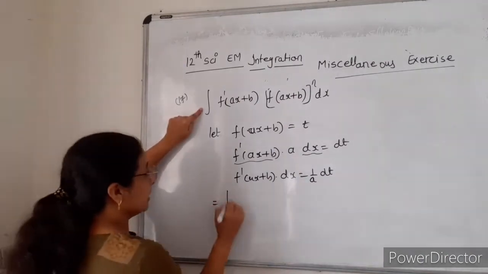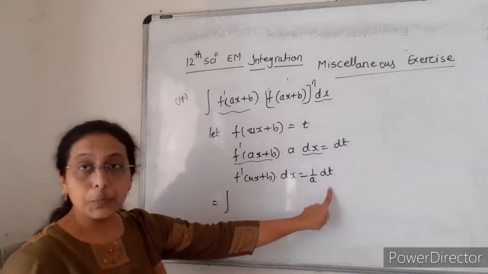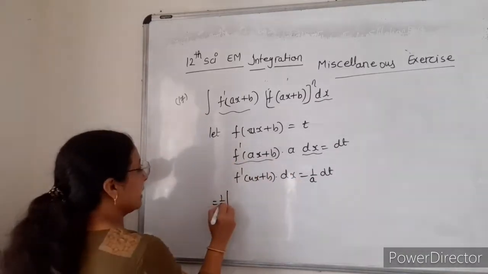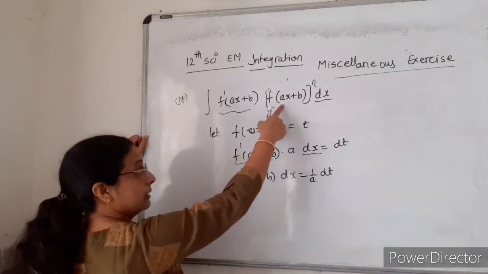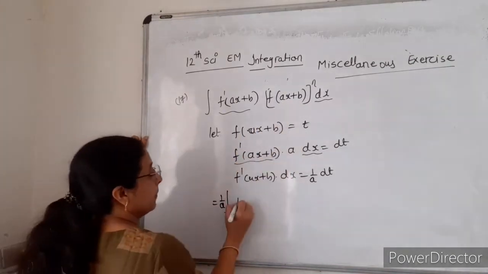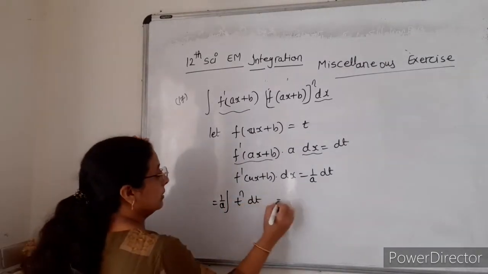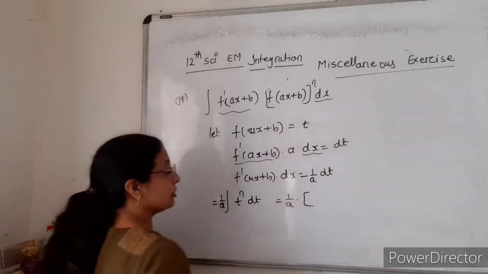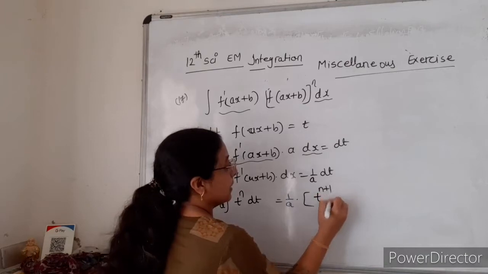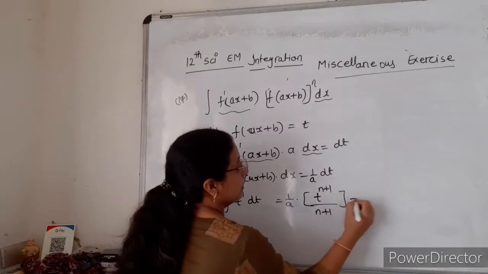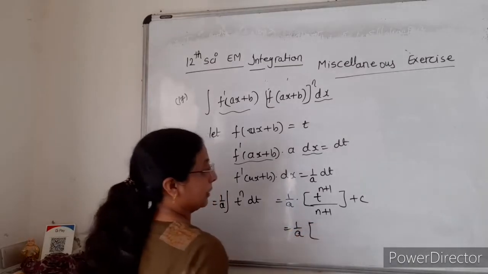So here f dash x dx is 1 upon a dt. We will take 1 upon a outside, and it becomes t raised to the power n into dt. The integration of t raised to the power n is t raised to n plus 1 upon n plus 1 plus c. That is 1 upon a.